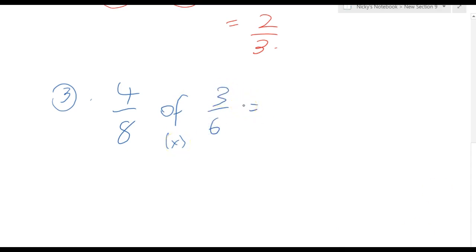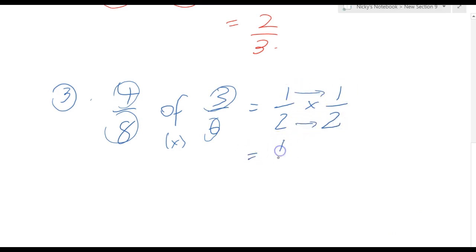Here I can simplify both of these fractions by cancelling vertically. 4/8 is the same as 1/2, and 3/6 is also the same as 1/2. That wasn't even that hard after all. Now I multiply across the top and across the bottom, so I've got 1 on top, and 2 times 2 is 4. That's my simplest form.